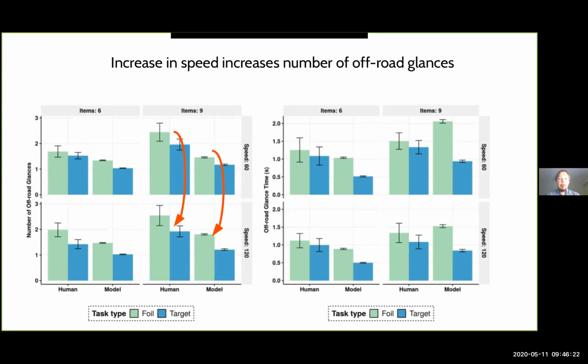And the model also predicted this. Now, this is an understandable result. So what this means is that because the car is driving faster, the uncertainty is accumulating faster, and that means that the supervisory agent can let the visual search agent have vision for only a small amount of time.